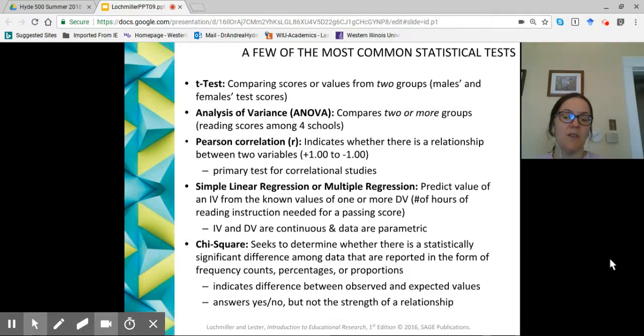It can answer yes and no for you, but it can't tell you the strength of the relationship. So for that, you might have to use a more sophisticated statistical test. But if you just want to know if there is a significant difference in projections versus actual scores, then you can use that test.